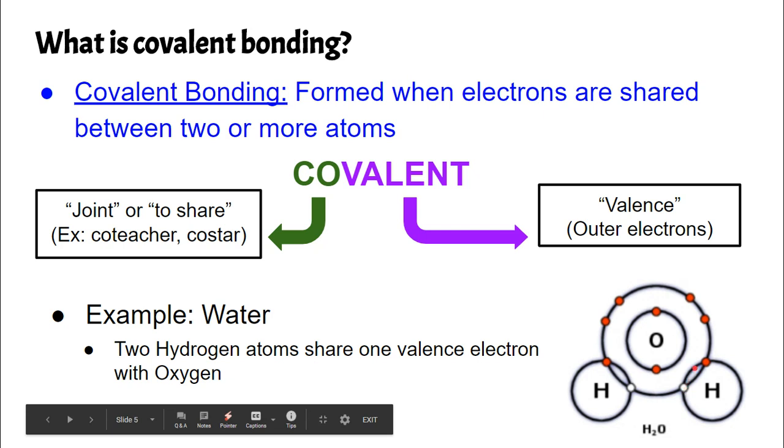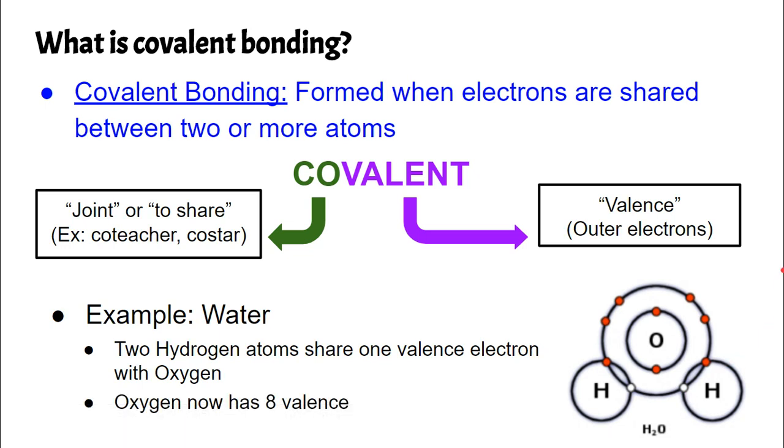So now oxygen has 6 of its original valence electrons in red, plus 2 shared ones from each hydrogen atom. So now oxygen has a total of 8 valence electrons. It's sharing with hydrogen, so it's bonded to them, and everyone is happy and stable.